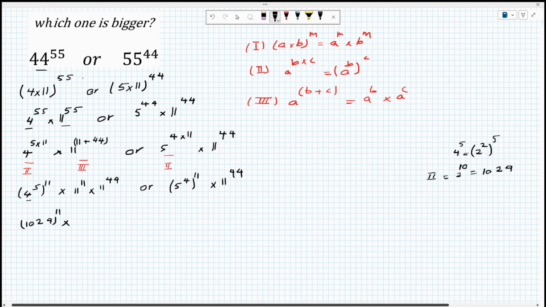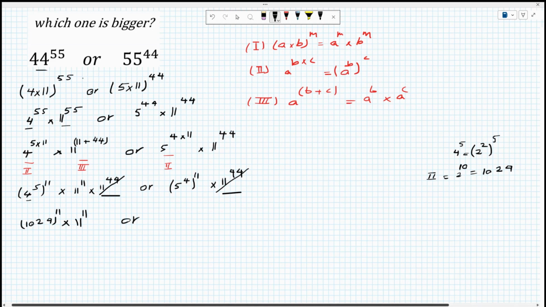As you see here in this equation, I have two similar terms on the two sides. Here I have 11 to the power of 44, and similarly here I have 11 to the power of 44. I can eliminate these two terms. So what is left here is 11 to the power of 11, and 11 to the power of 11.